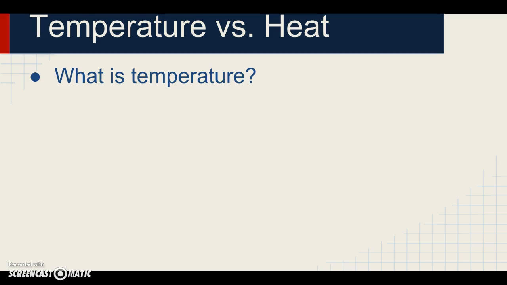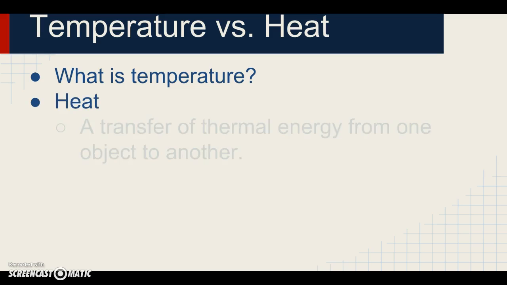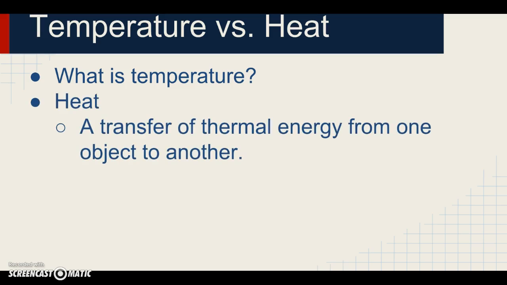So all those little particles moving around produce a certain amount of what we would consider hot or cold, and that's temperature. Heat, although in the dictionary might have the same definition, in science it's a little bit different. Heat is going to be a transfer of thermal energy, so this energy represented by the hotness or coldness of an object, from one object to another.